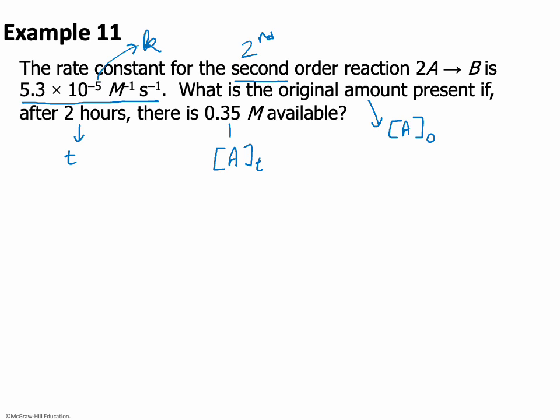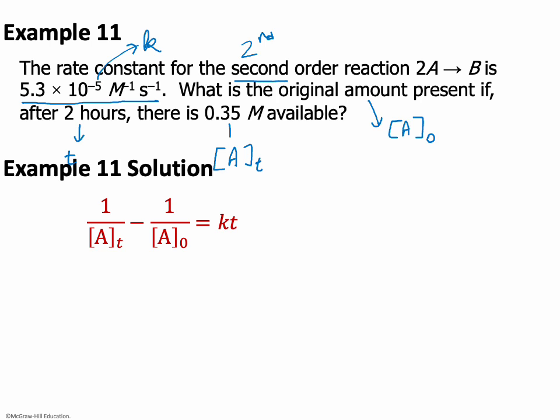So these are the information given, and we know that for a second order kinetics, this is the integrated rate law. At is given to us, k is given to us, t is given to us. We just have to rearrange to solve for this. So 1 over A0 negative, which means I need to get rid of this.